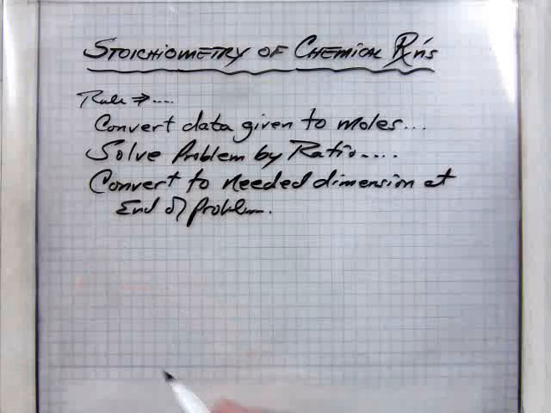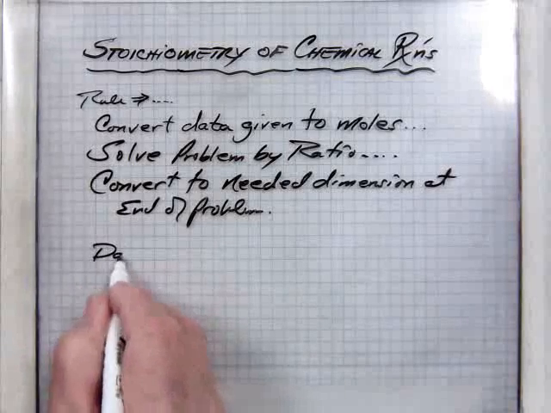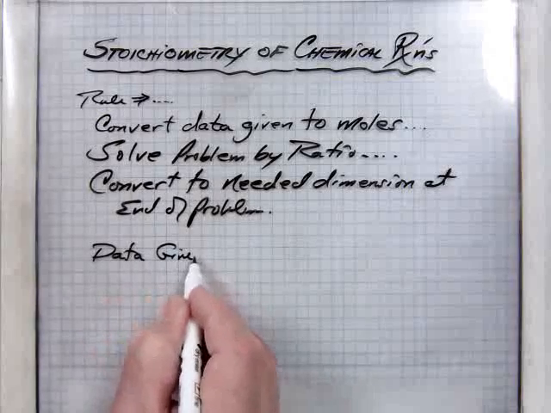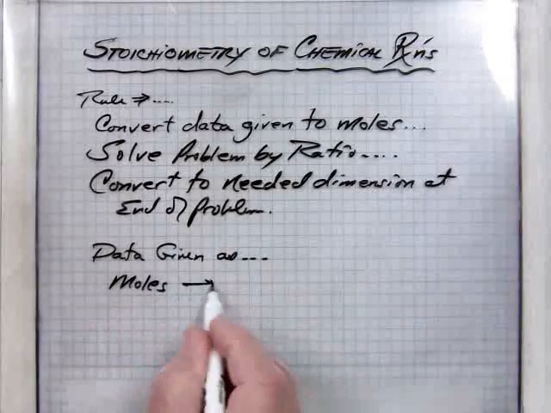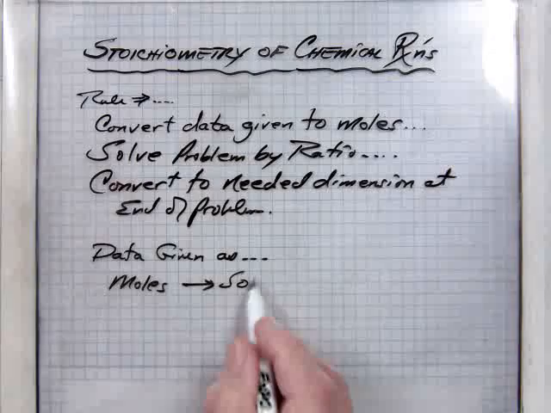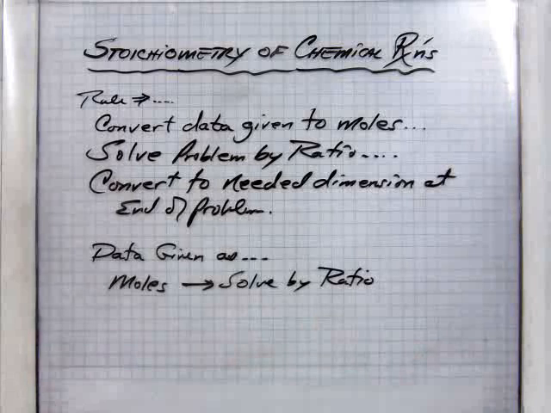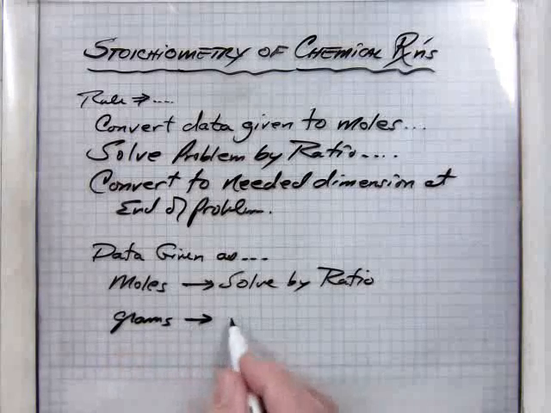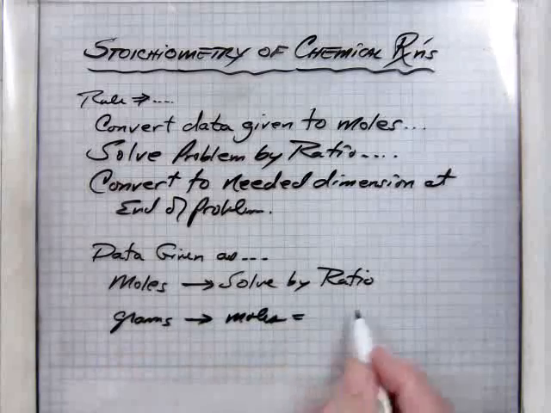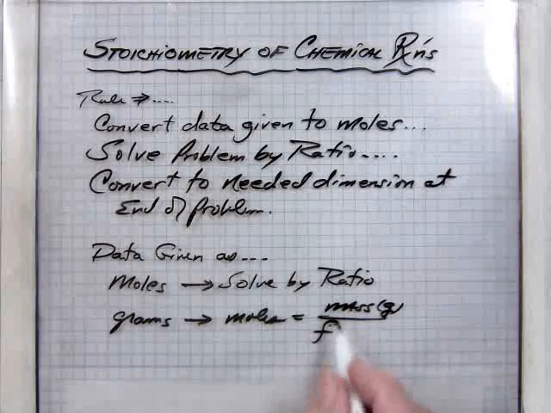Now, some of the things that you need to know: if the data is given as moles, just solve by ratio. If that's what they're asking for, mole-mole relationships. If they're giving you grams, then moles is equal to mass in grams divided by the formula weight of the substance.